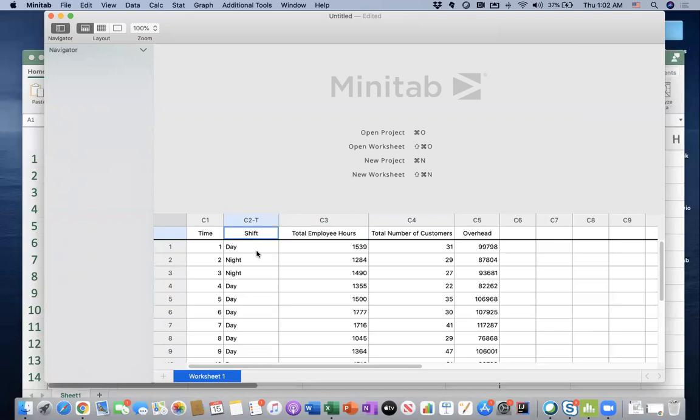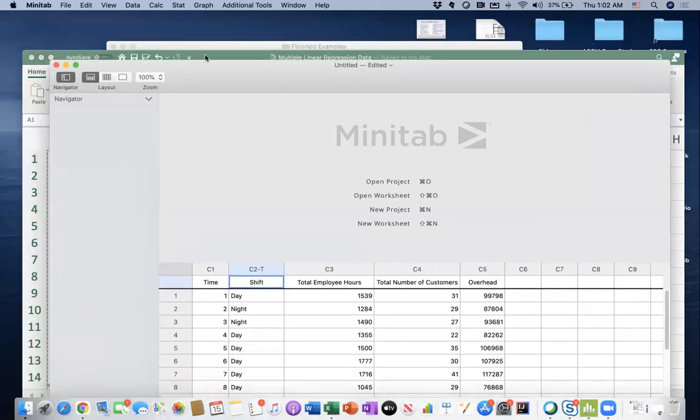Another good example of a categorical variable is weather type, for example, rainy, stormy, snowy, sunny. So you can just attribute a numerical value to those. If you're doing this in Excel, you would have to do that. But if you're doing this in Minitab, you don't really need to. That's the beauty of using the software.